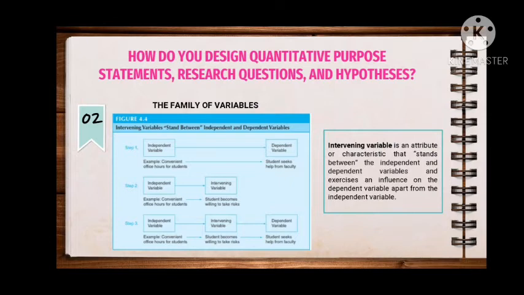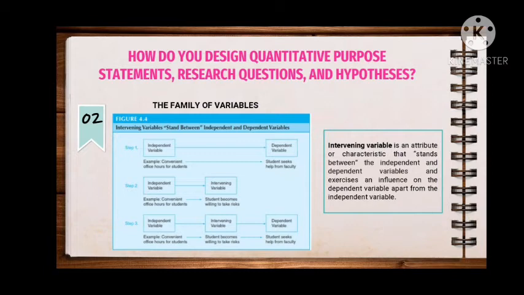And then after we create the dependent variable, we move to step 2 and we meet the intervening variable. When we create the independent variable, we can then get the intervening variable. For the example, the independent variable is convenient office hours for students, and the intervening variable is the student becomes willing to take risk.